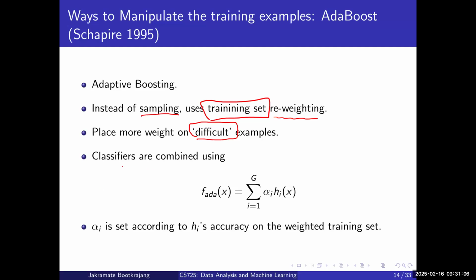And then when you combine the classifiers, now we have a weight. This weight will be based on the accuracy on the weighted training set. So if you have a classifier with a high accuracy on the weighted training set, this alpha will have a higher value.